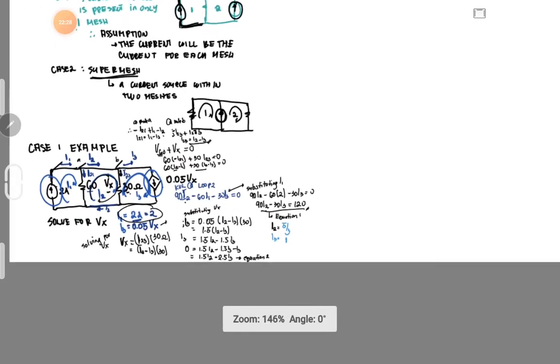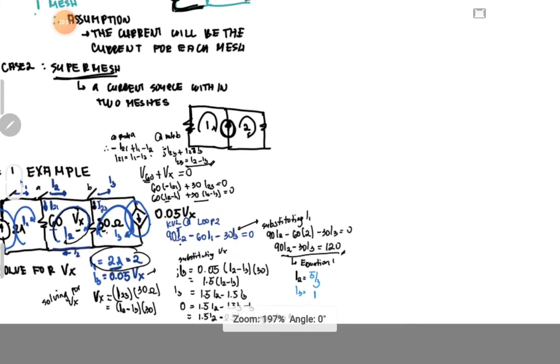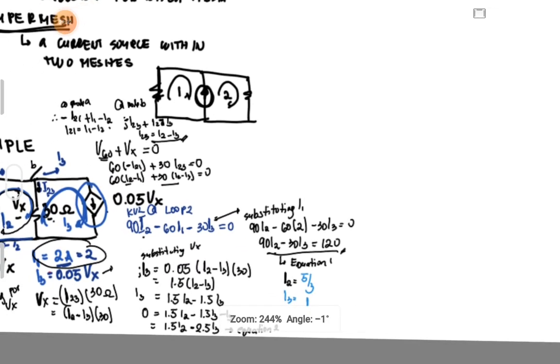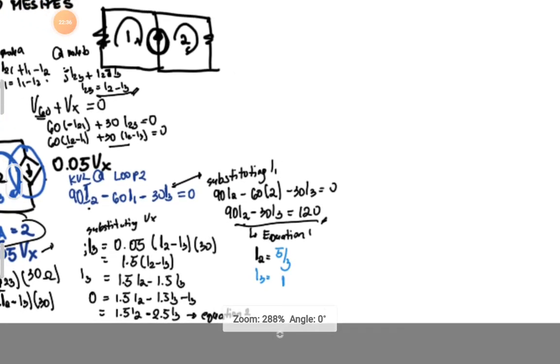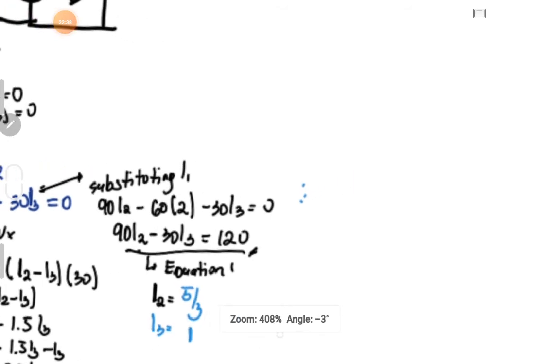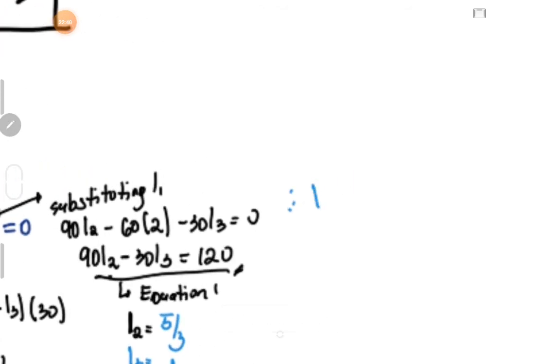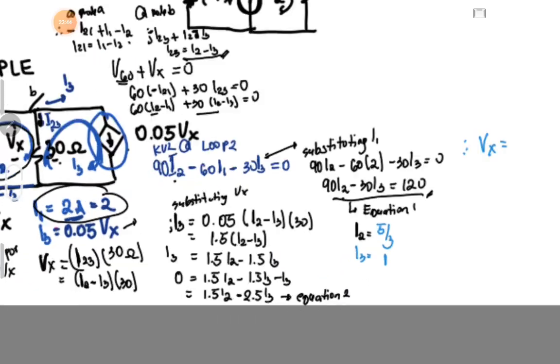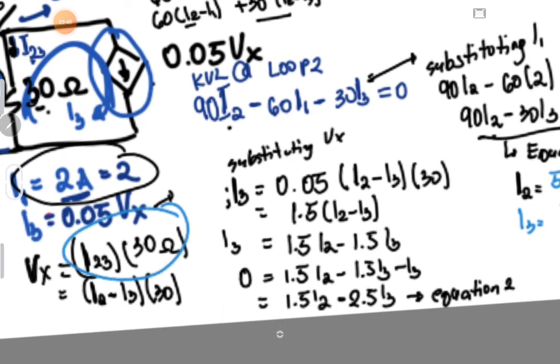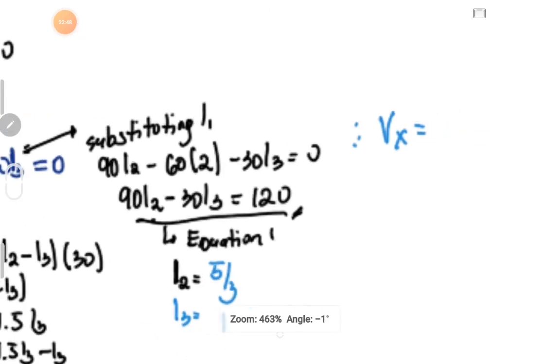So since meron na tayong I2 and I3, take note that our Vx is equal to 30 multiplied by I23.